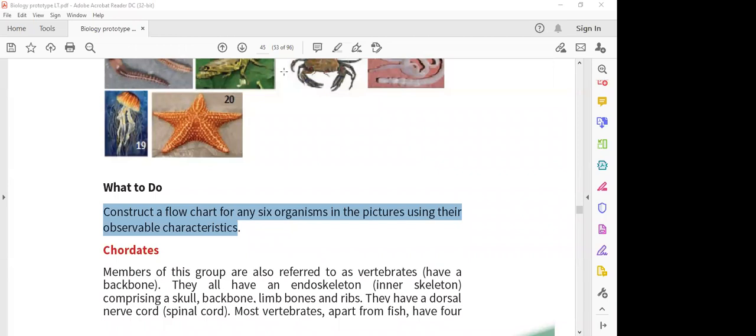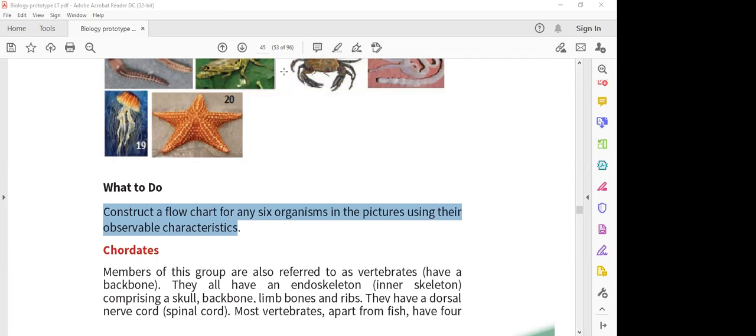If I say, for example, they have 2 main body divisions, then out of my 6, I should select those with 2 main body divisions. Then those with 3 main body divisions, or more than 3.